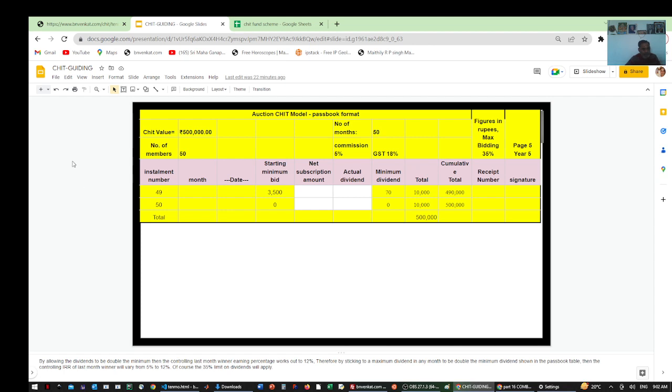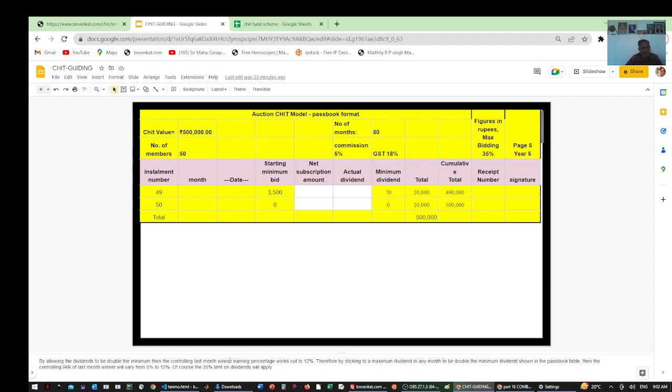Then, by allowing the dividends to be double the minimum, let us assume that in any month, when bidding is going on, we can restrict it to a maximum of double. Let us say for the last but 1 month, instead of 3,500 rupees one may go to 7,000 rupees, like the doubling. Up to that one can restrict.